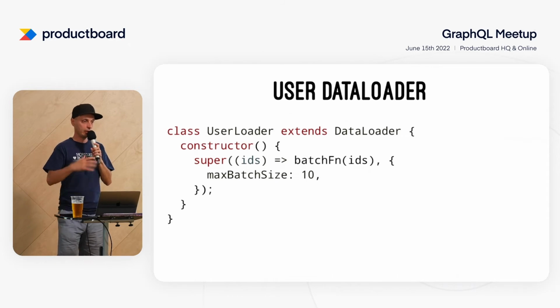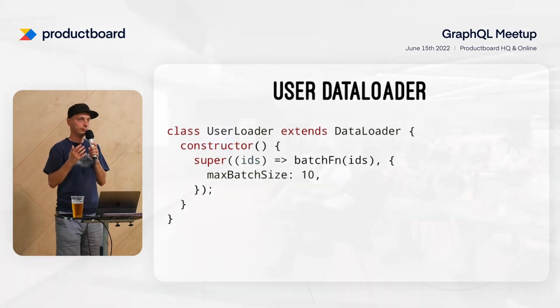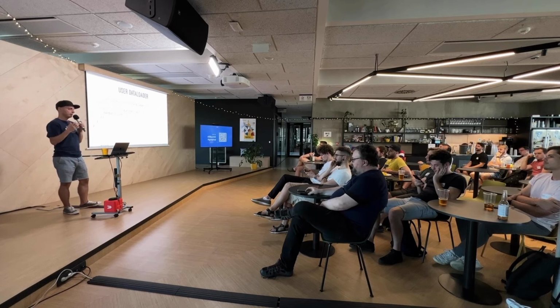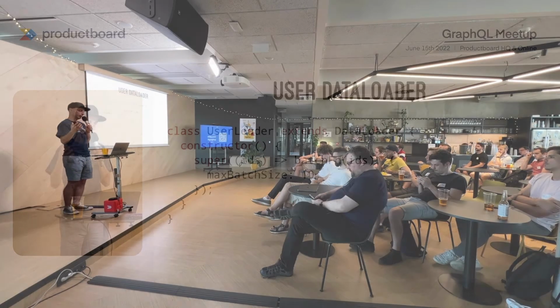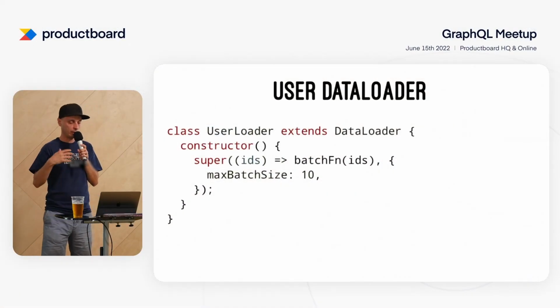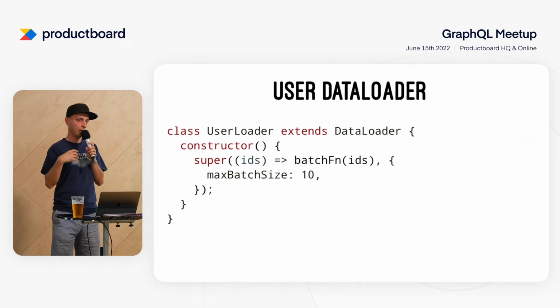Everything else is taken care of by the data loader. And this is something I really like about the data loader. It scales very well no matter how complex your schema is and no matter how bad your internal APIs are. You can always get something out of it if you start using a data loader, and you can optimize later based on some of your measurements. For example, yeah, we are requesting a lot of these APIs by a single ID.